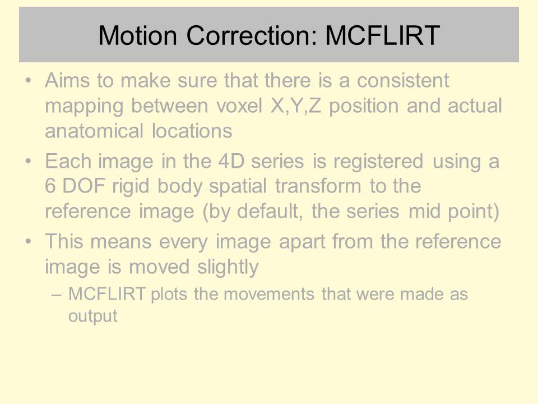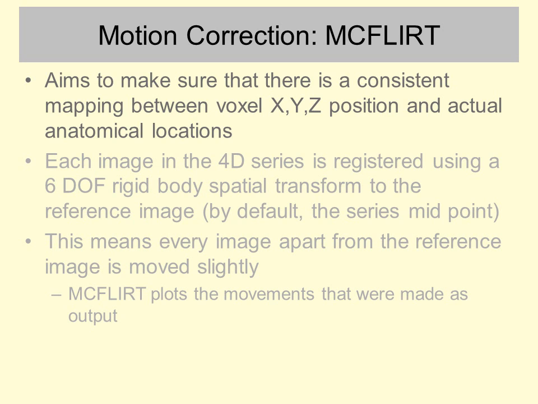So we'll begin by talking about motion correction using the FSL program McFlirt. What this does is it aims to make sure that there is a consistent mapping between a particular voxel X, Y and Z position and an actual bit of anatomy.